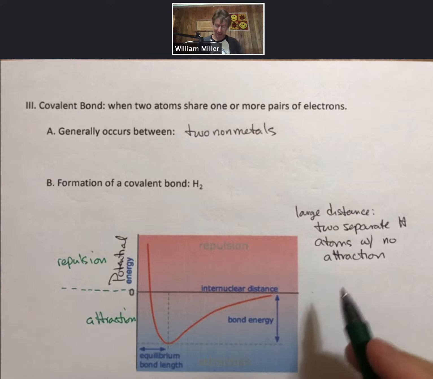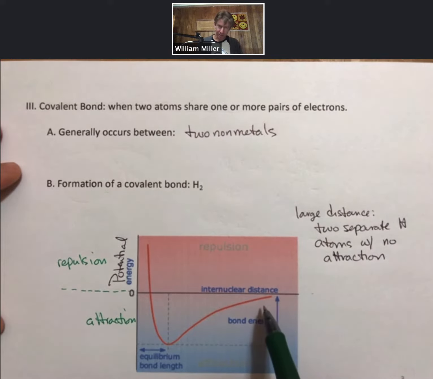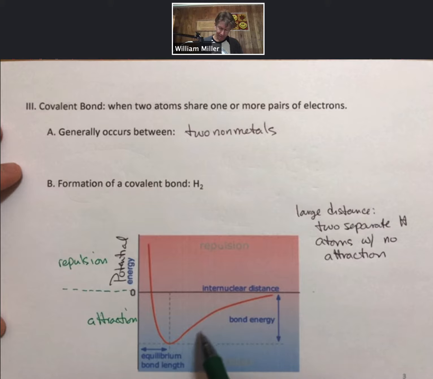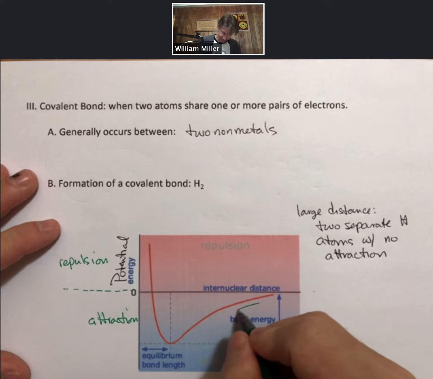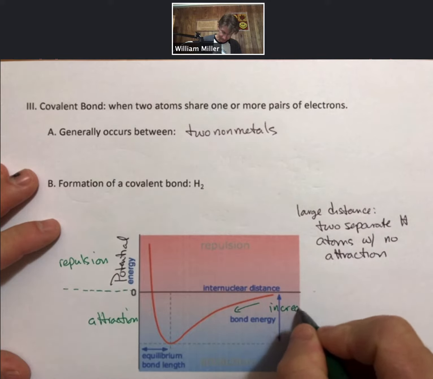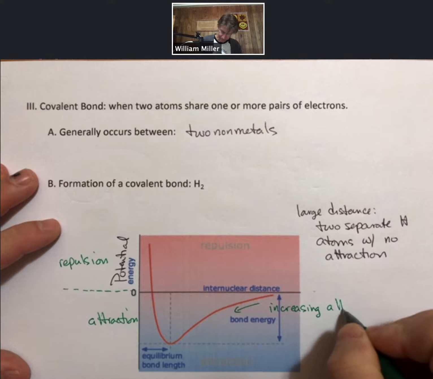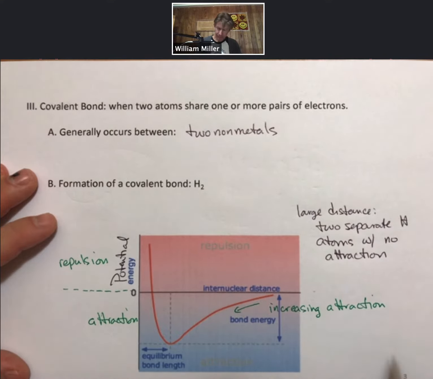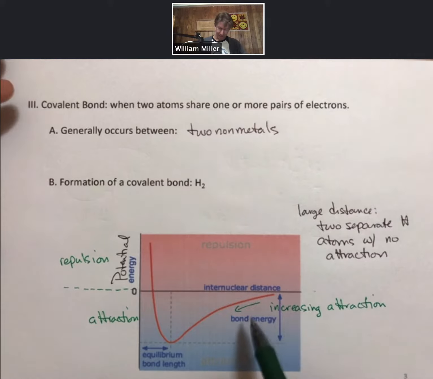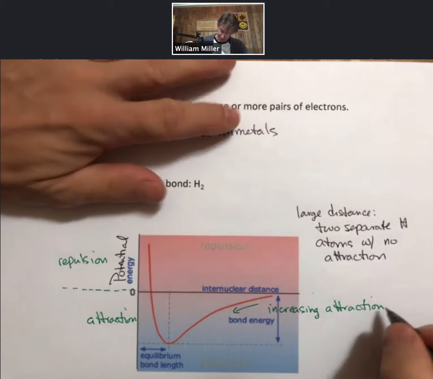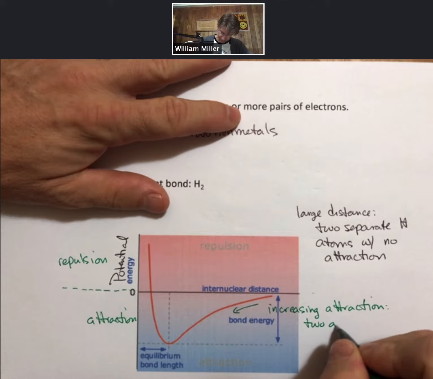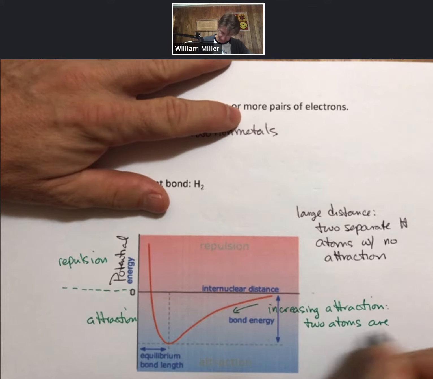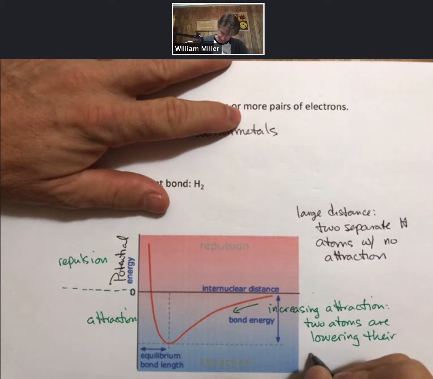And what happens is, as the 2 hydrogen atoms are brought closer and closer together, there will be an increasing attraction between those 2 atoms, denoted by the fact that the two atoms are lowering their energy.